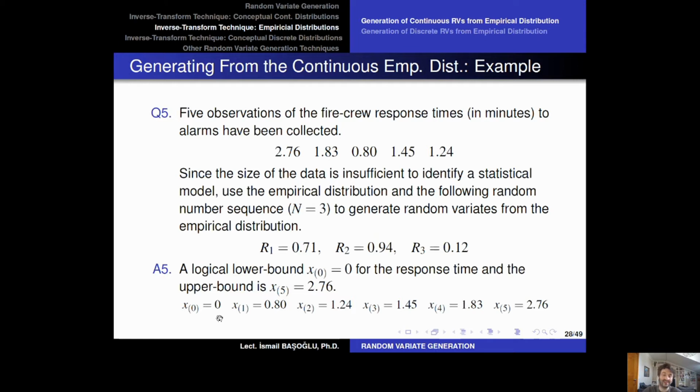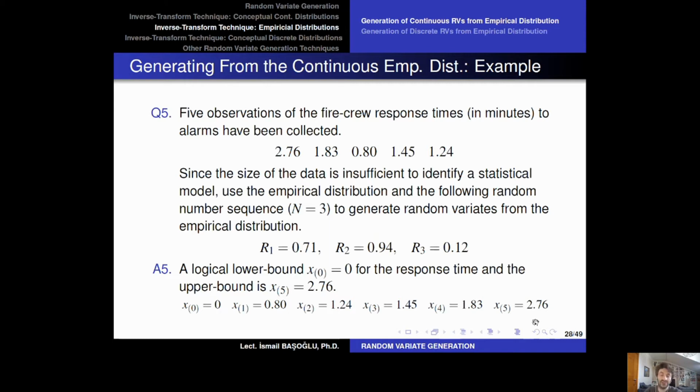Or, for example, the fire incident may happen in a building next to the fire station. The randomness in the response time comes from the geographic locations of the fire incidents. If it happens just next to the fire station, then the response time will be 0. Therefore, we put a logical lower bound here and say that x0 is equal to 0. So the lowest response time can be 0.